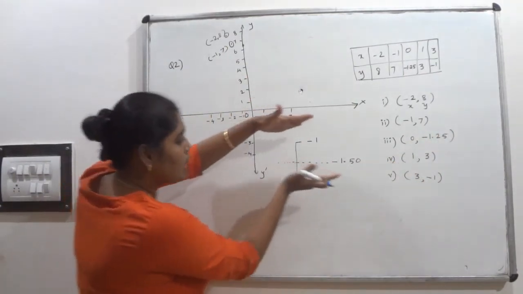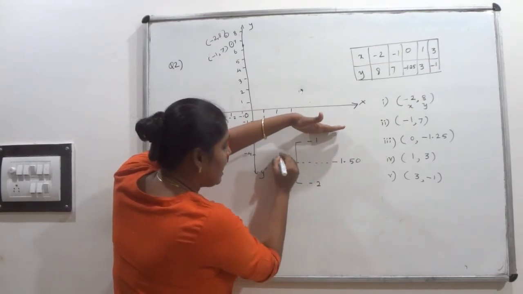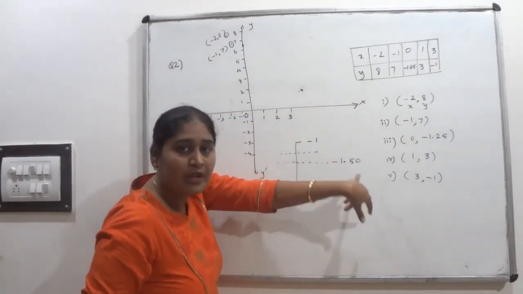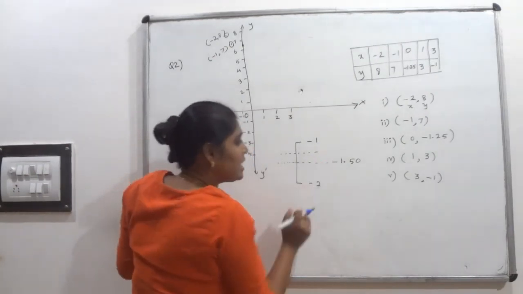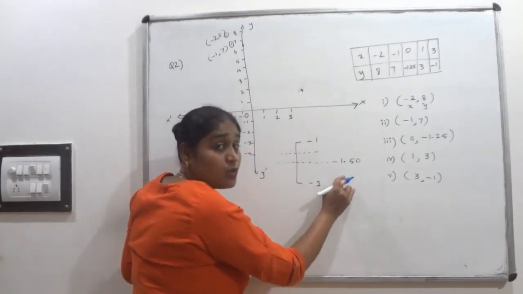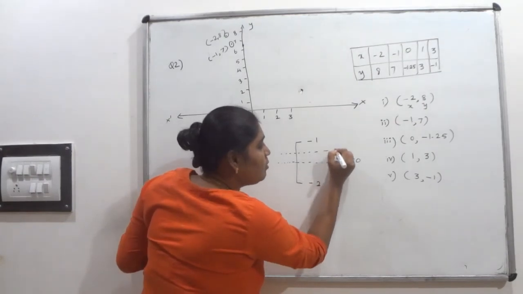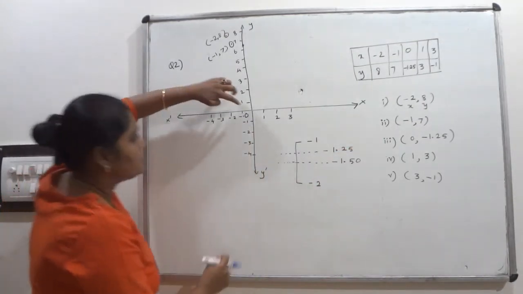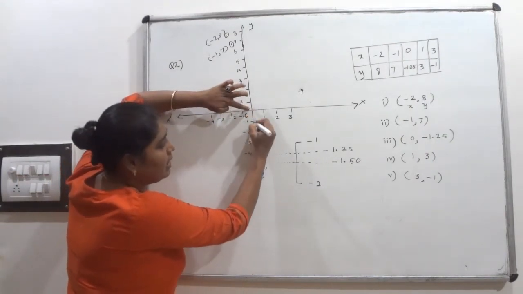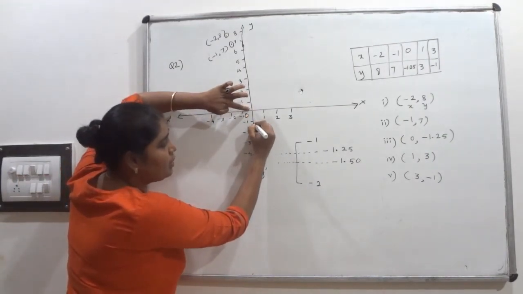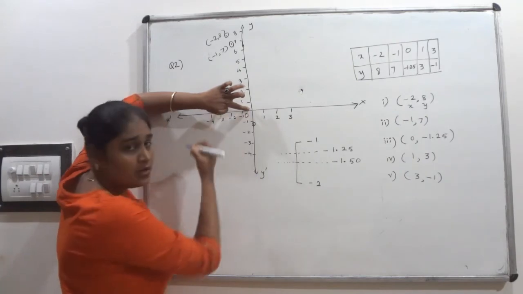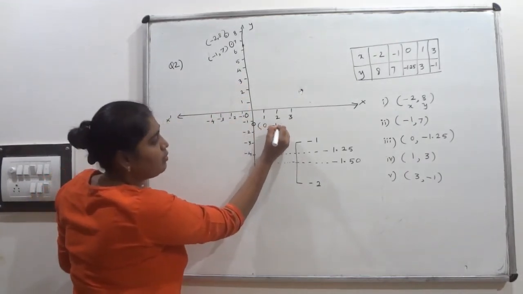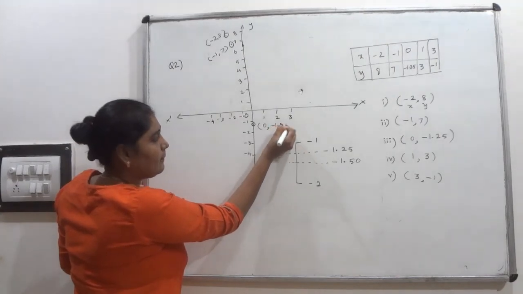So minus 1.25 will lie between minus 1 and minus 1.5, exactly at the center line between them. Look here: 0 on the x-axis and the y value minus 1.25 will lie here. So write here (0, -1.25).